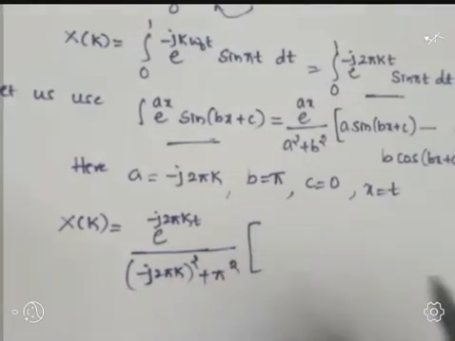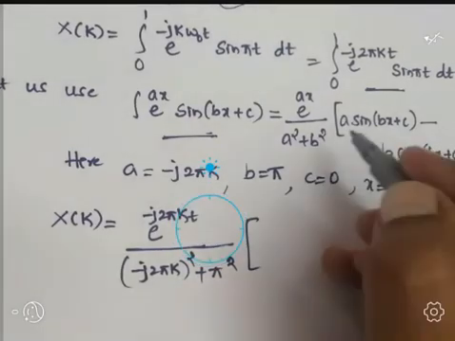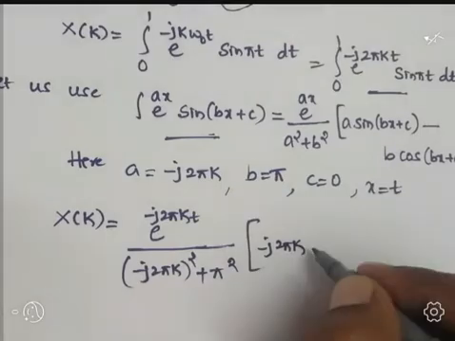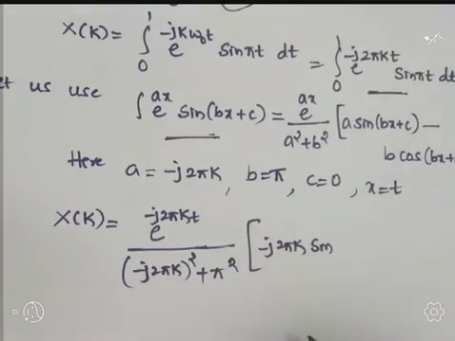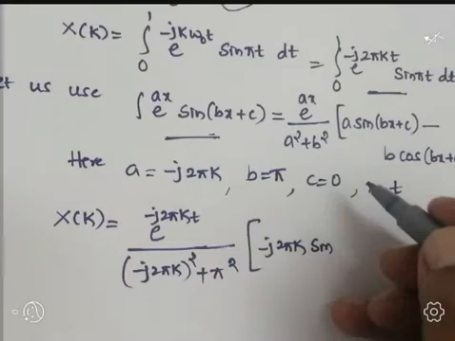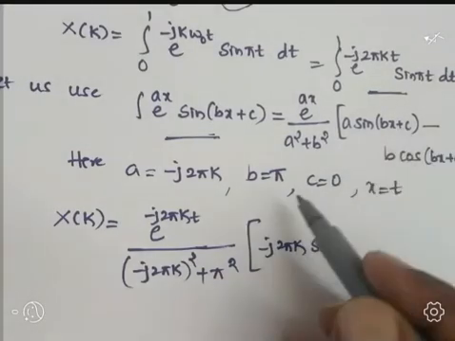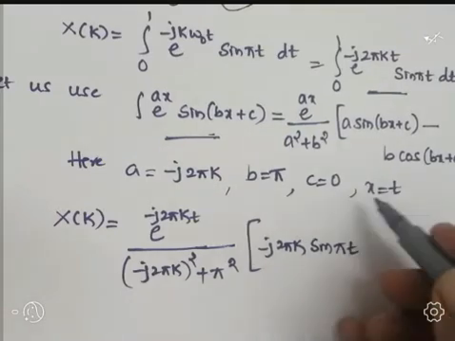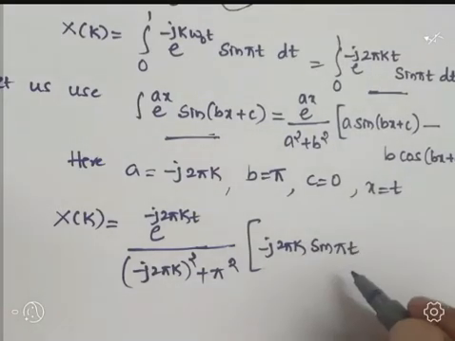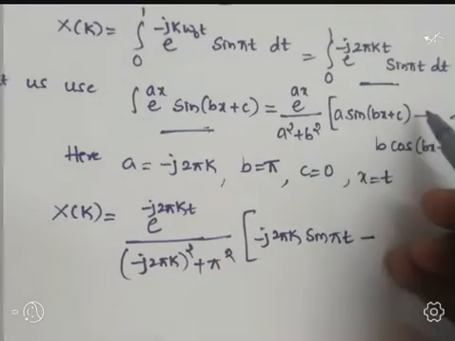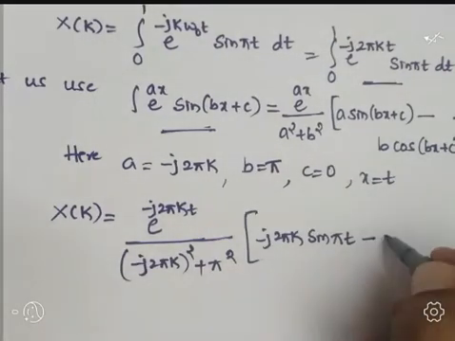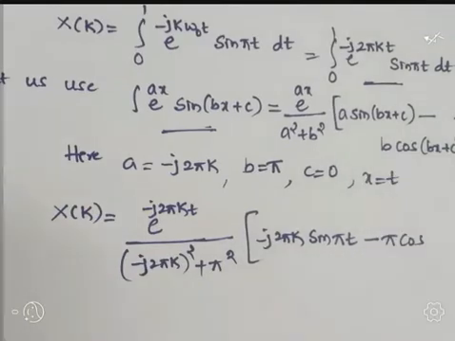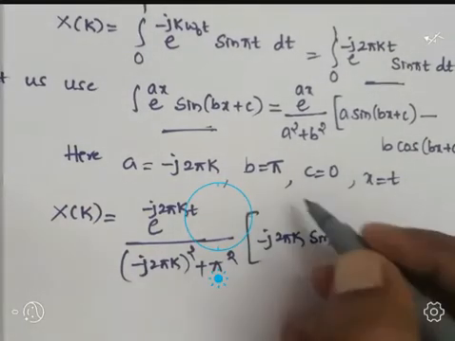Inside the bracket, a is minus j 2 pi k times sine of bx plus c, where b is pi, x is t, and c is 0. Then minus b, where b is pi, times cos of bx plus c, with b equal to pi and x equal to t.